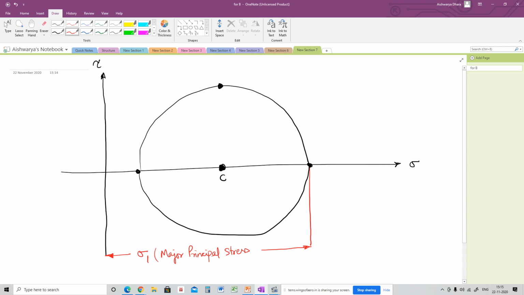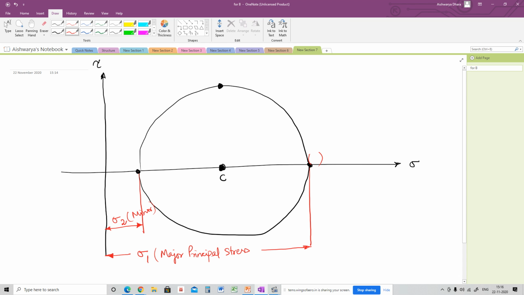They will give you a graphical representation with the values, and from there they might ask you to find the major principal stress. Whatever the value will be here, that will be your major principal stress. If they ask for the minor principal stress, whatever this point is will be your minor principal stress.